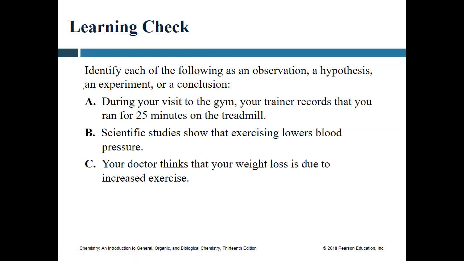So let's start with this first one, letter A. During a visit to the gym, your trainer records that you ran for 25 minutes on the treadmill. That's an observation, absolutely.